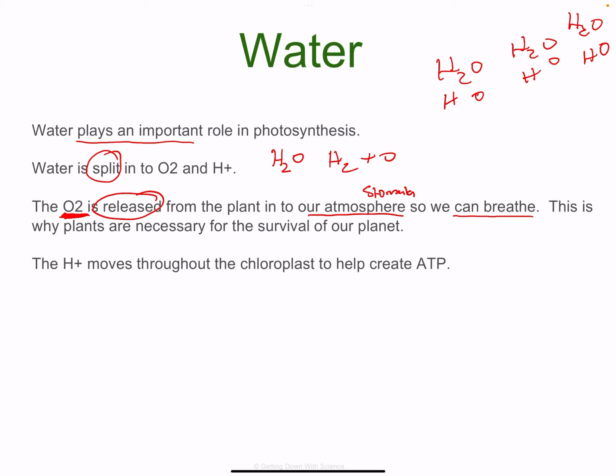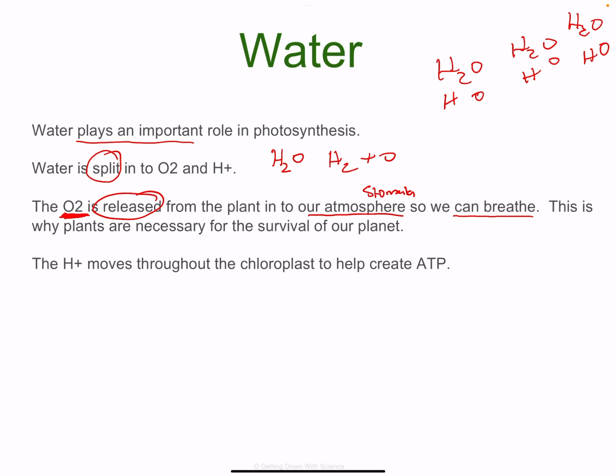This is why you may have heard, and why you probably know, that plants keep the earth alive, because all of the plants on Earth are undergoing photosynthesis. They're all using water to create oxygen, and that is what we breathe. The plant doesn't need oxygen, right? So it releases it. We need oxygen.